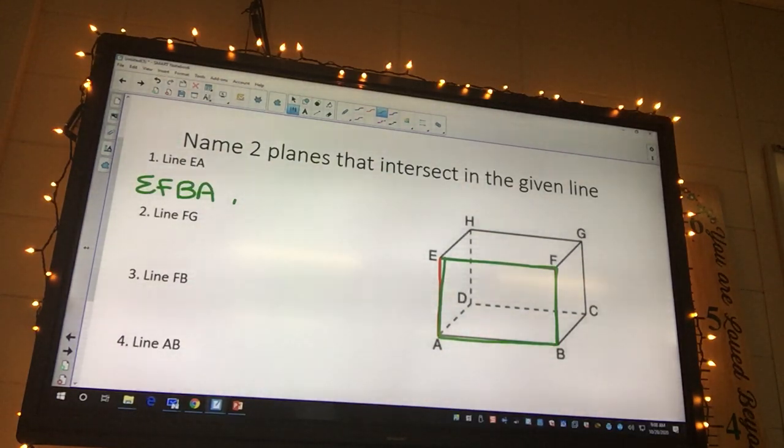I already know the front one touches, right? What other one is going to touch? So it's this. Where else am I going to touch this side? This one. Okay, it's going to be this one. See how they meet right here at this entire line? So it's going to be that side one.